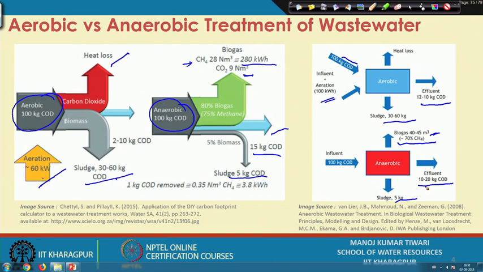But if you compare that with the anaerobic system, very little sludge is generated. The majority portion, almost 80% of the total COD, goes to biogas, and of that 80%, 60 to 70% or at times even higher goes to methane production.